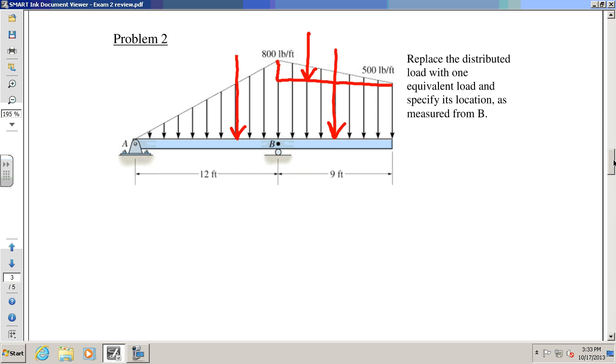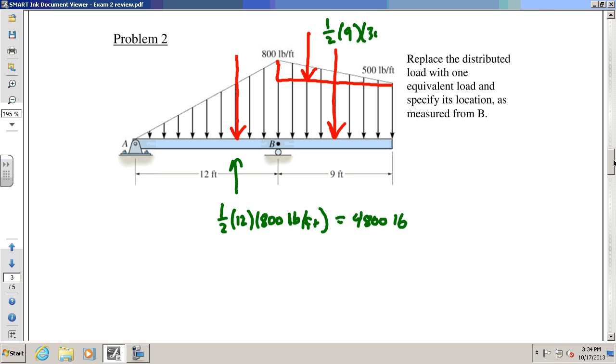Right? And so what you've got here, remember this load here is going to be 1/2 the base, 12, times the height, 800 pounds per foot. Do the math, 4,800 pounds. This one's 1/2 the base, 9 feet, times the height, 300.